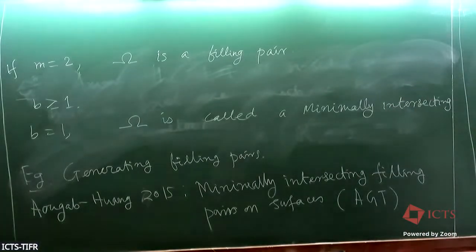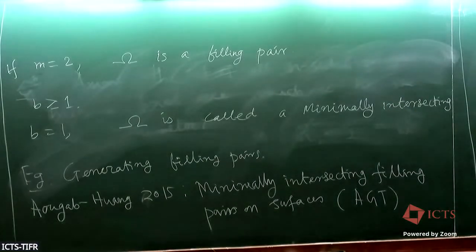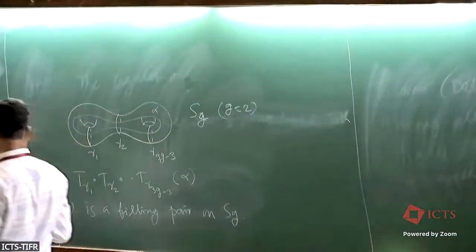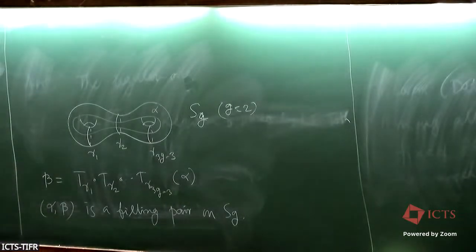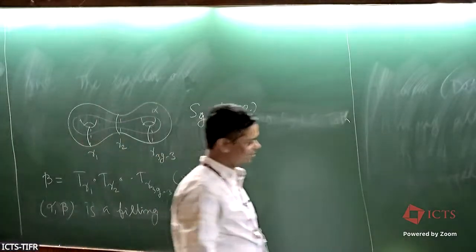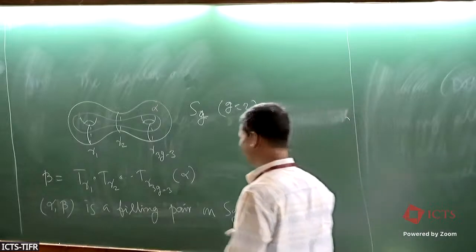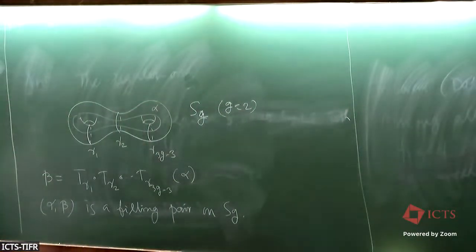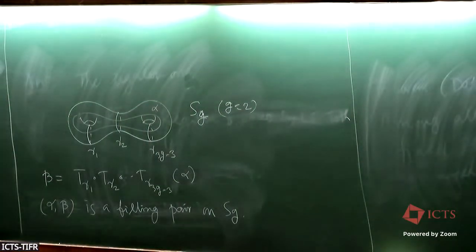Basically, corresponding to a minimally intersecting filling pair, they defined a permutation, called the filling permutation.